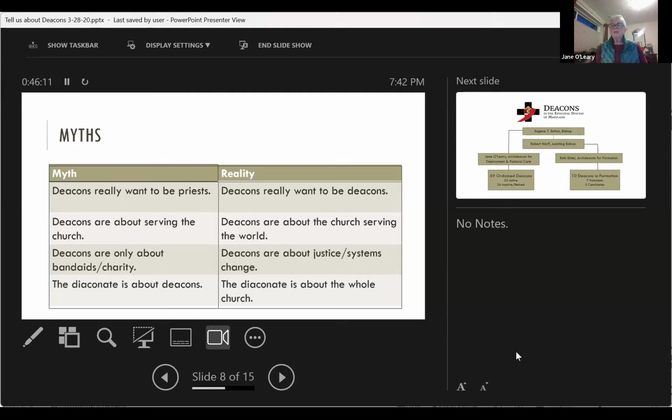The diaconate is really about the whole church. The diaconate is the going out. And so we're not promoting deacons, we're promoting the going out of the whole church. And so I just think that's important, that the word diaconate is about the whole church.